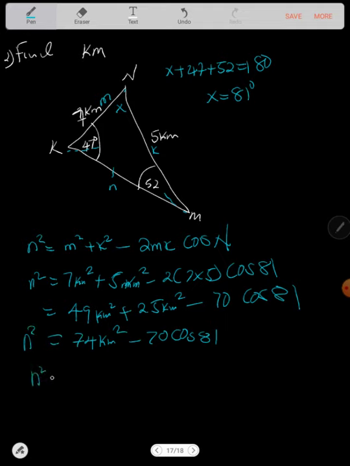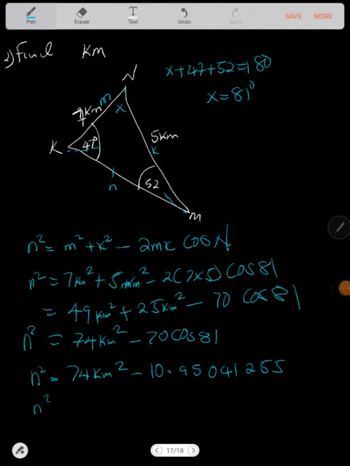So n squared is equal to, so now we just need to find the difference. So this is 74 kilometers squared minus, so cos 81 times 70, you are getting 10.95041255.